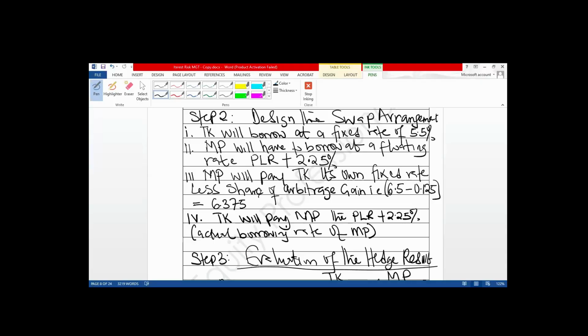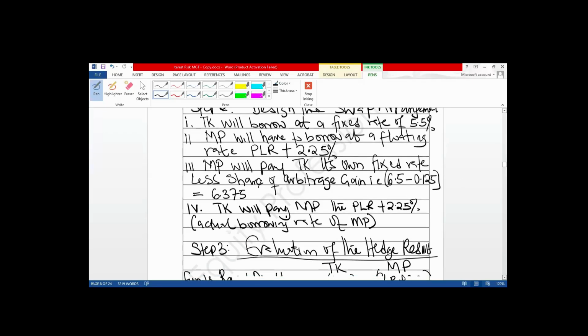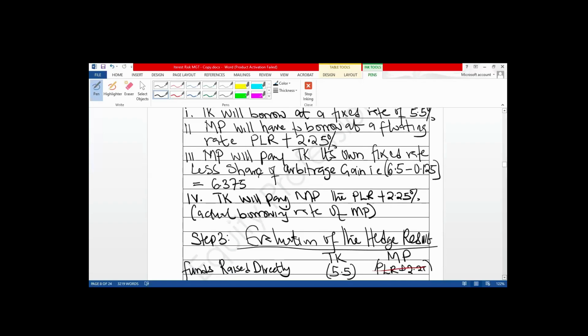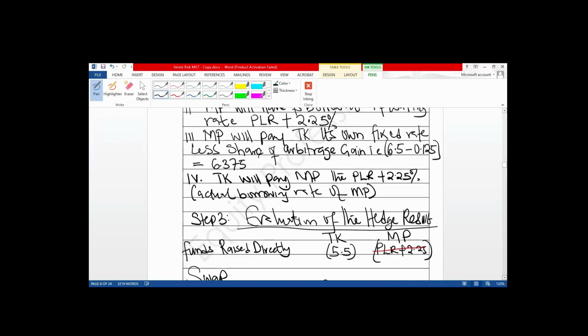They are now swapping. TK will pay MP the prime lending rate plus 2.25%. That is the actual borrowing rate of MP.